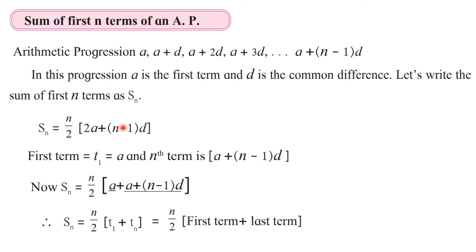By just observing the AP, you can write down A, you can write down the common difference D, and then whatever value of n is given, that you can use. Okay, so keep in mind both the formulas. Sometimes it happens that this particular formula is not useful and this formula only is useful.